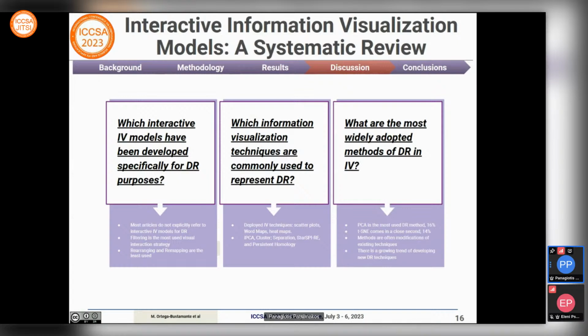PCA is the most used one concerning DR methods. It represented 16%. TSNE comes in a close second by 14%. And the methods are often modifications of existing techniques. And we can also conclude that there is a growing trend of developing new DR techniques within the literature.